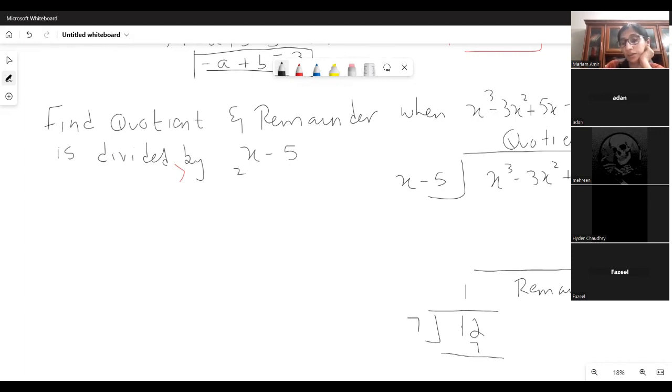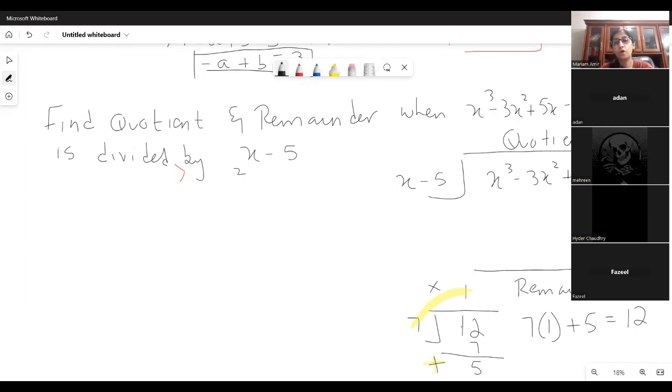And then the remainder is 5. Right? I hope you know that when you multiply 7 and 1 and add 5 to it, you get 12 back. So you multiply these two and you add 5 to it, then you get 12 back.